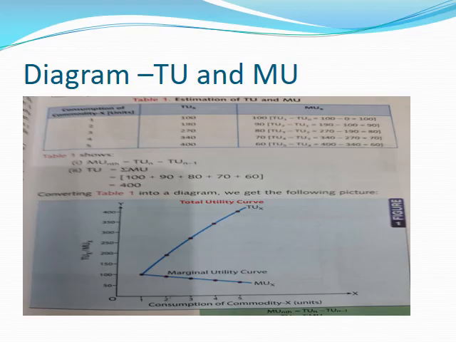In the second case, it has come down to 90, then 80, 70 and 60. When we join the points, we will get a curve. This is known as the marginal utility curve. So students, here is an exercise for you. You make an imaginary table showing total utility and marginal utility and draw the curves. Thank you.